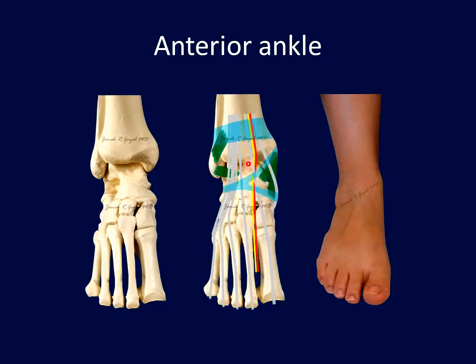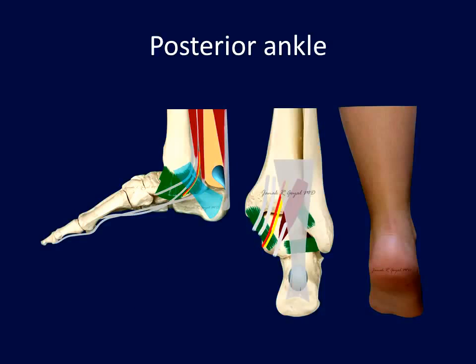The tibio-talar joint is located deep to the tendons and ligaments. Posteriorly, the two heads of gastrocnemius and the soleus muscle converge to form the Achilles tendon, which inserts on the midpoint of the posterior surface of the calcaneus.